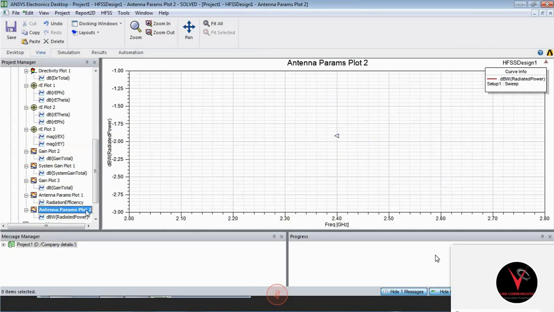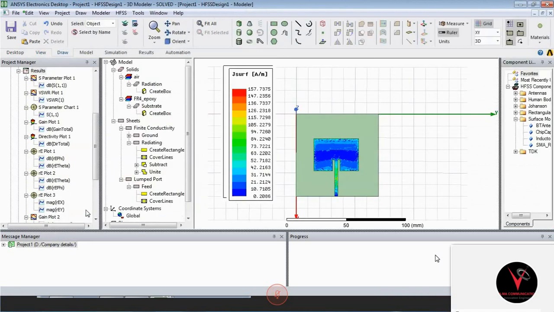Yeah, show it tomorrow, that radiated power.